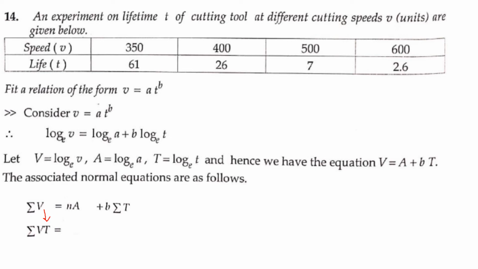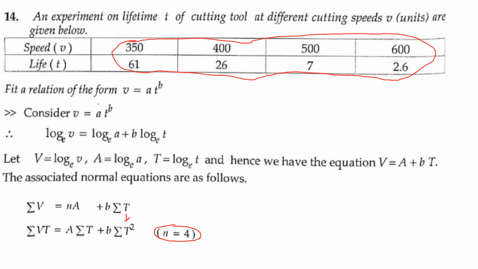Here we don't take n, instead we take A as it is, and we write summation of T plus b into summation of T square. And here n is equal to 4 from the given observations. As we have 4 observations, we take n is equal to 4.